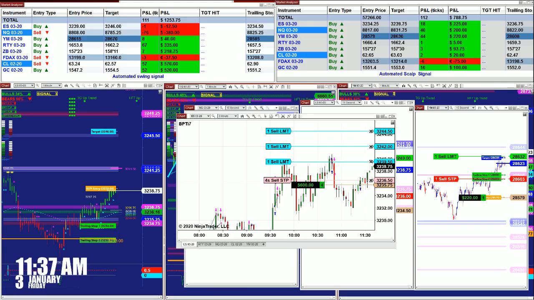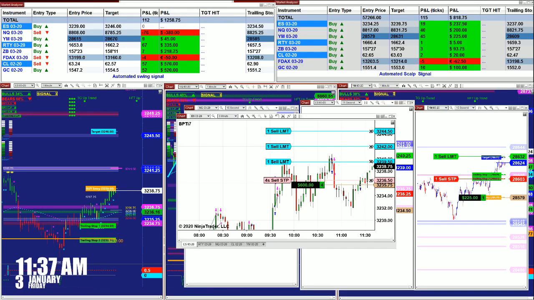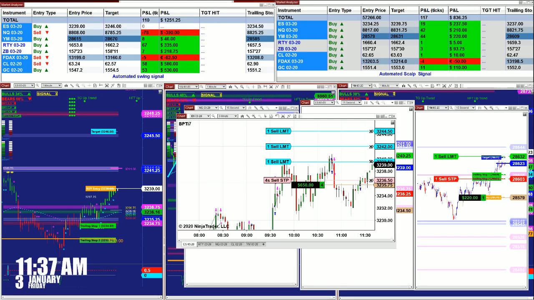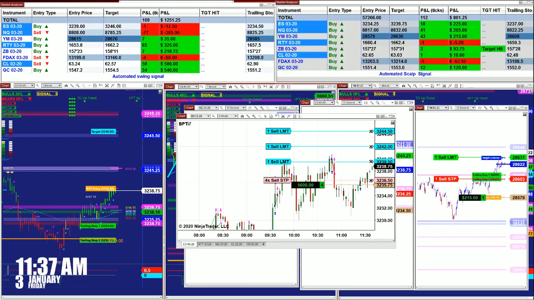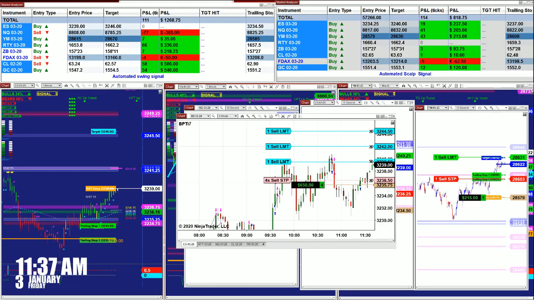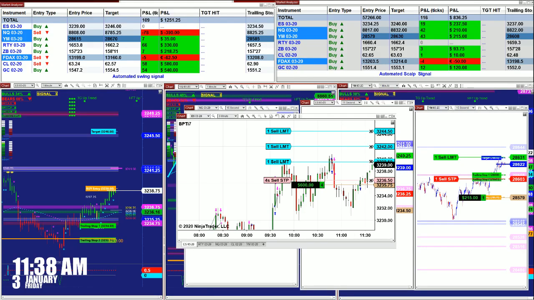Let me show you something. The Renko bar moves, and I can take any kind of auto trade. Let me try to load a chart and take anything.